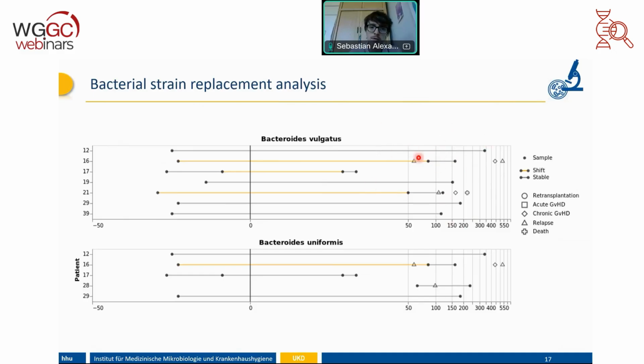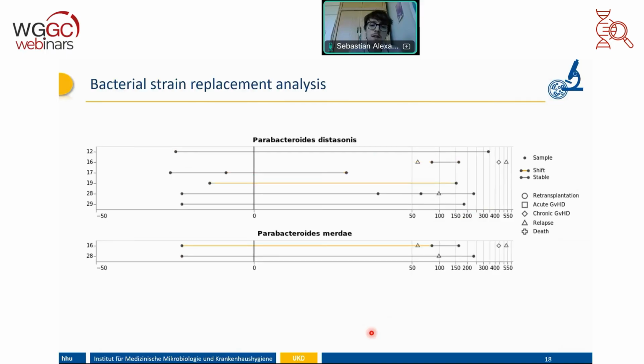It looks like this for the Bacteroides vulgatus, but when we look at the Bacteroides uniformis, we could not see this in a clear way. We also tried this for Parabacteroides. But for all the species we analyzed, we see for some patients a shift and some are stable.